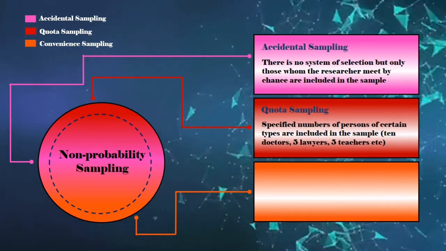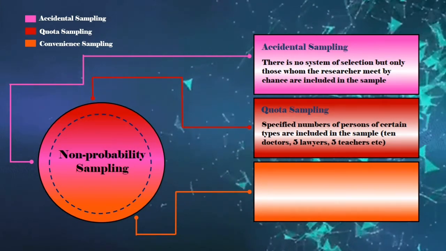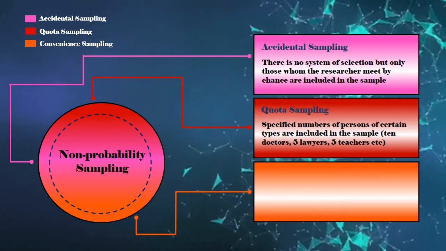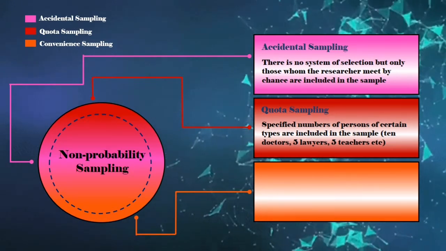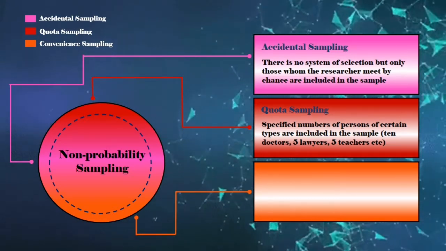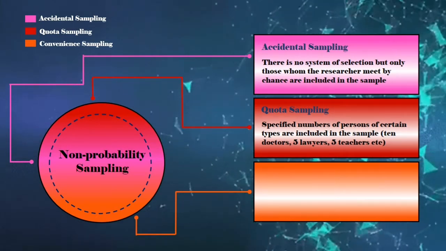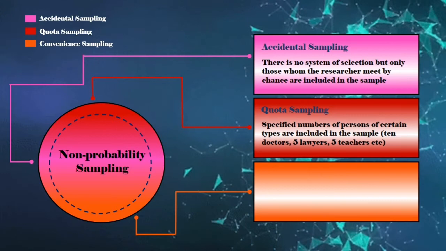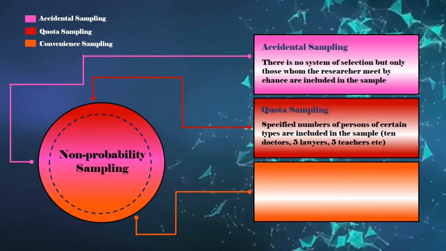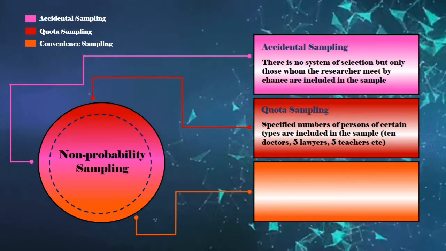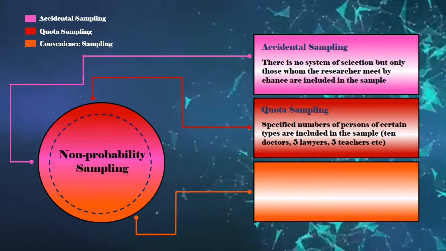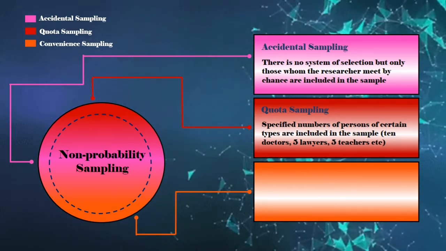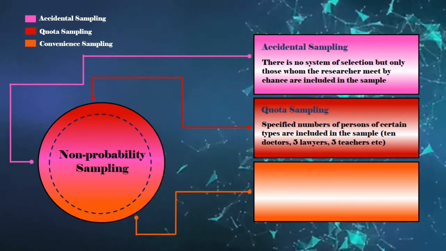Using quota sampling, the researcher divides the survey population into mutually exclusive subgroups. These subgroups are selected with respect to certain known features, traits, or interests, such as doctors, lawyers, teachers, engineers, etc.